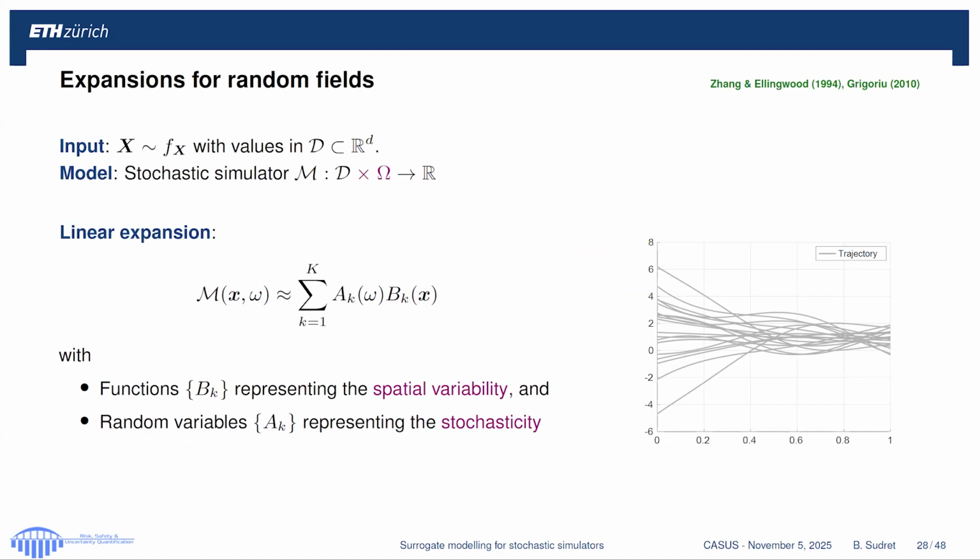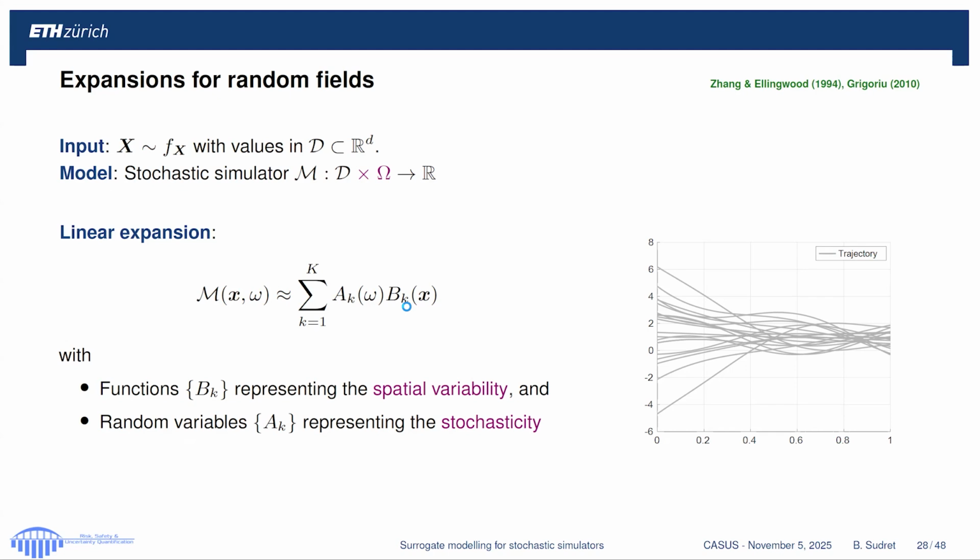Typical representations for random fields are so-called expansion methods. The idea is to replace this random function or random field by sums of deterministic functions multiplied by random variables, splitting the variables between the x's and the stochasticity.